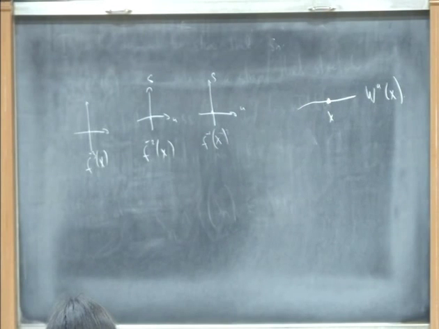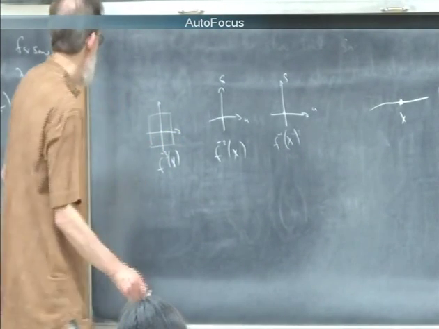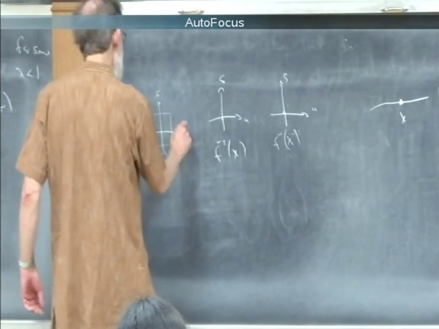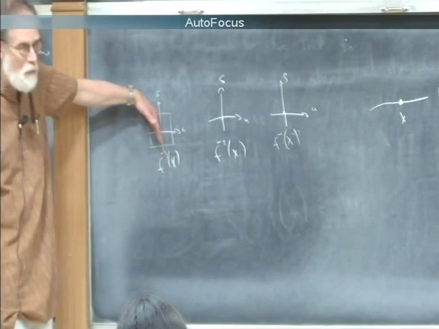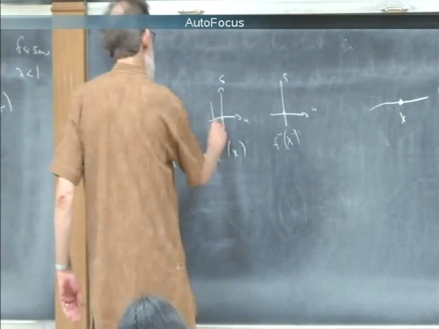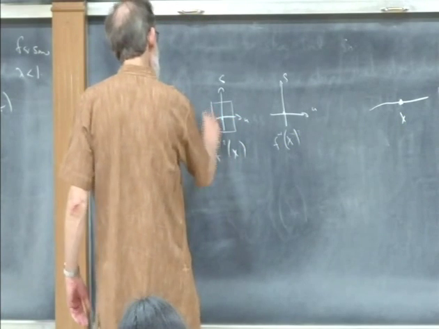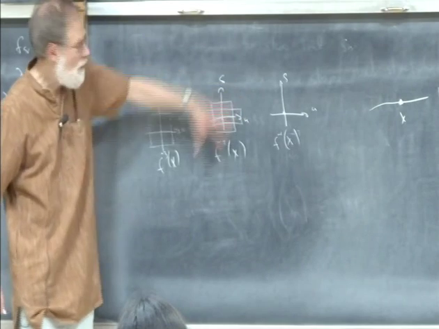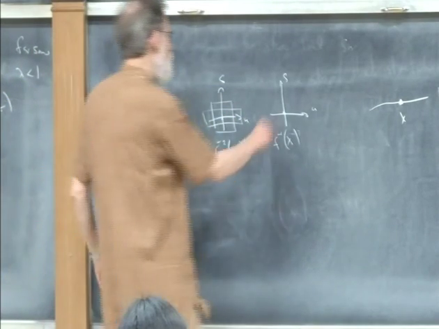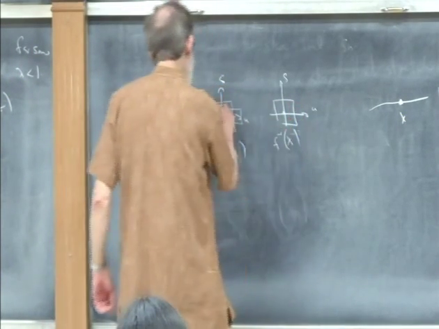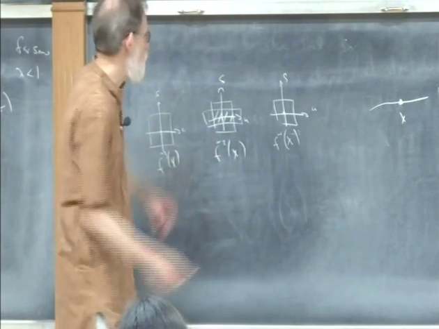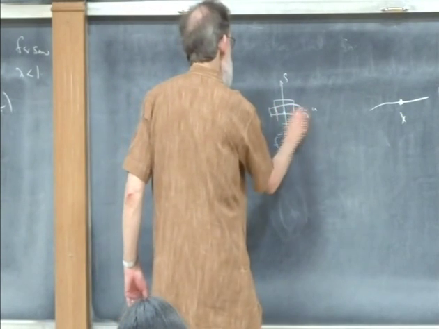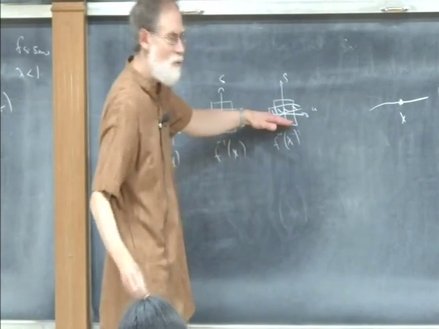And now you can do the same kind of argument. If I start with a box around, say, f to the minus 3 of x, it will map forward to a box that stretches horizontally across the box at f to the minus 2 of x, and then you get a strip that stretches horizontally across.